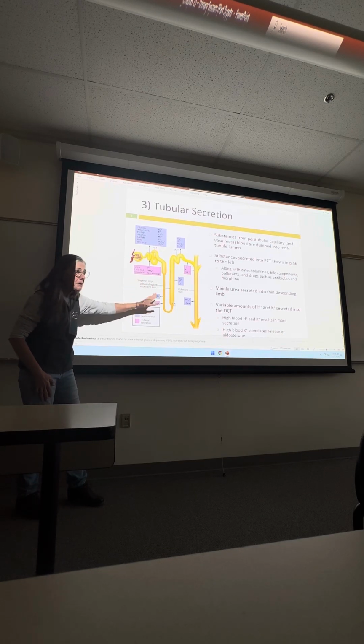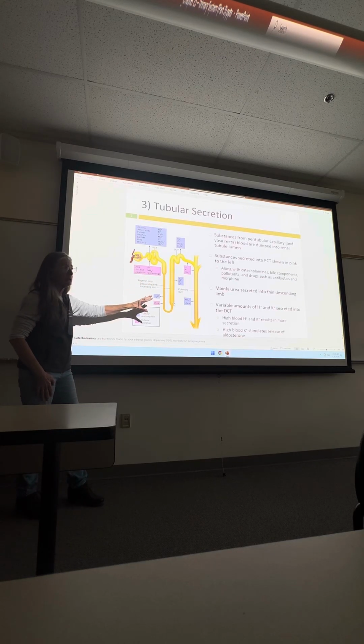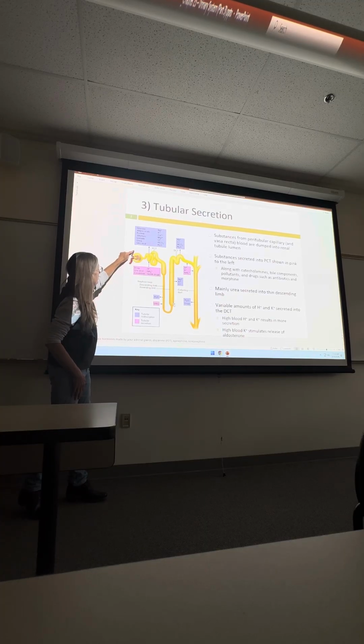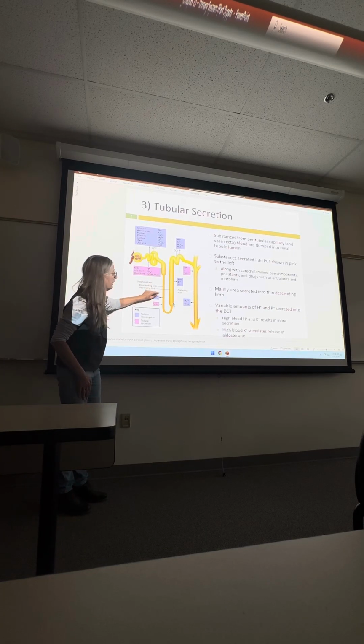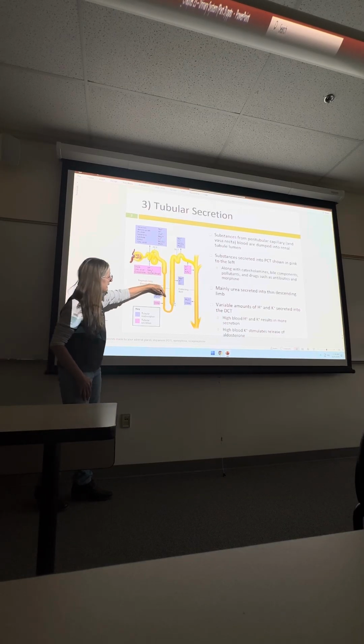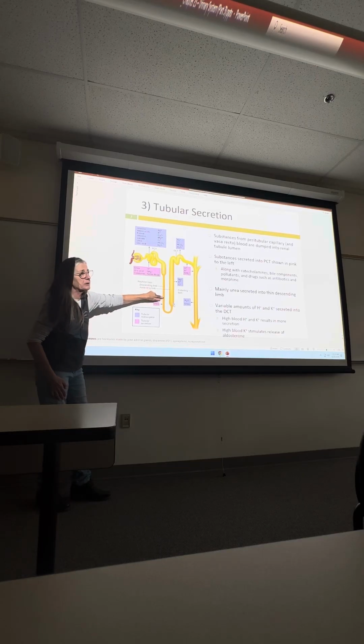But you have to remember that there is blood supply all over these tubules, because this efferent arteriole becomes peritubular capillary. And so water is going to be reabsorbed from the tubule into the surrounding tissue and then the blood ultimately.